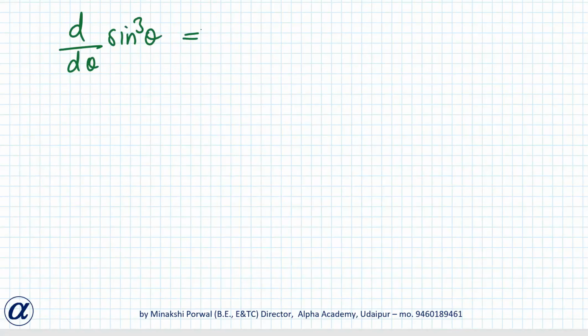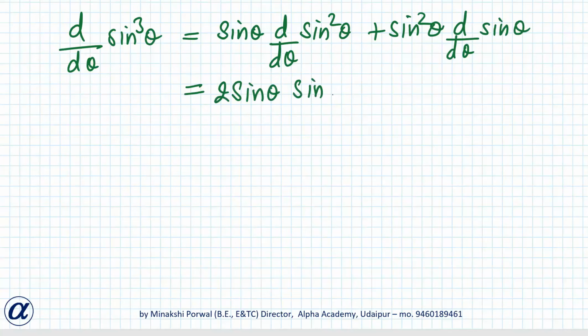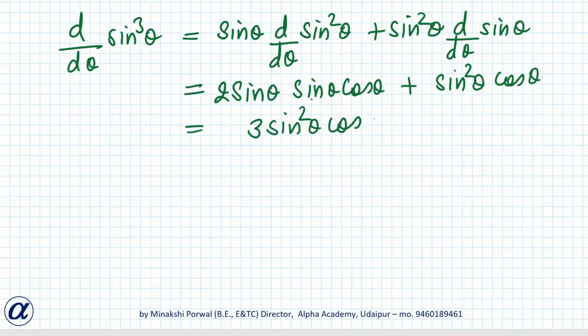I write it as sine theta into sine square theta. First into the derivative of second, plus second into the derivative of first. The derivative of sine square theta is 2 sine theta cos theta, plus sine square theta cos theta. So it is 2 sine square theta cos theta plus sine square theta cos theta, which is 3 sine square theta cos theta. This will be the result.